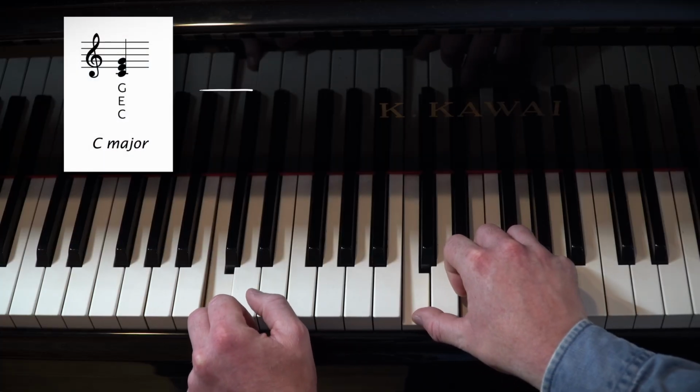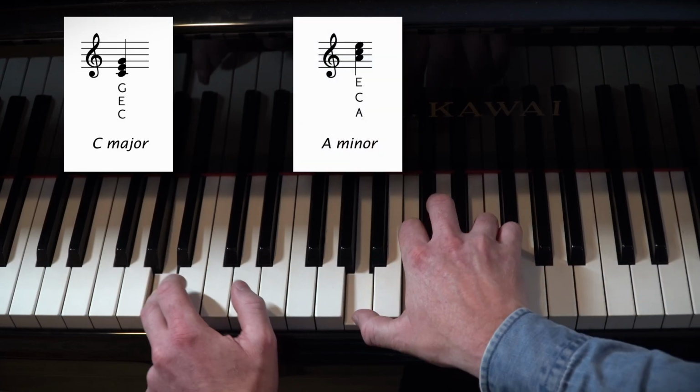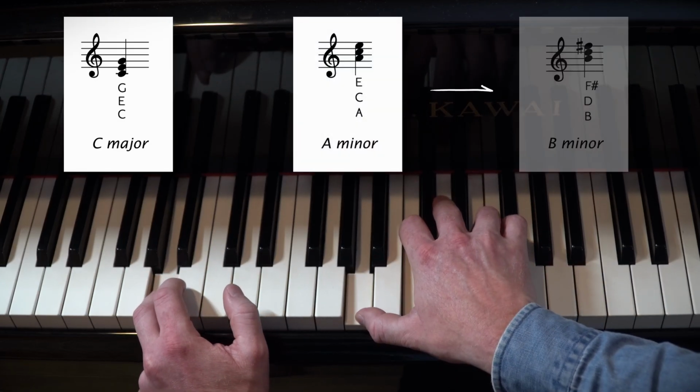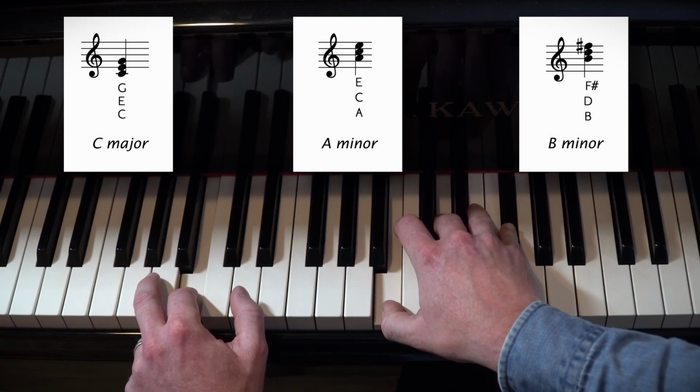So, to recap, my original key is C major and I'm going to play a C major chord. Then to modulate, I'm going to need my pivot chord, which is A minor. Then I need my modulating chord, which is B minor. I've now modulated.